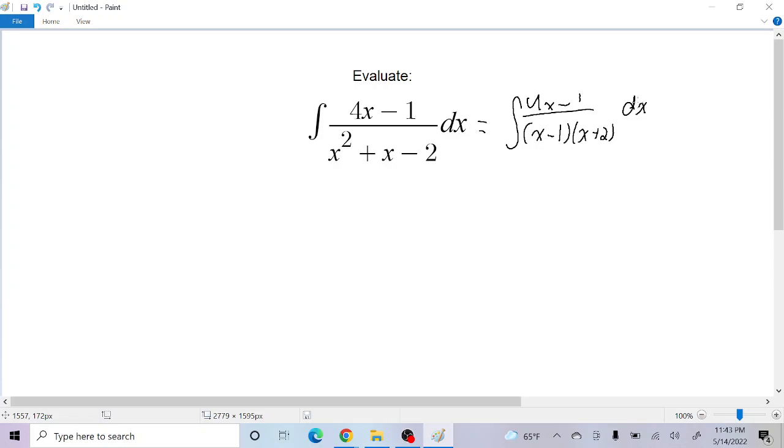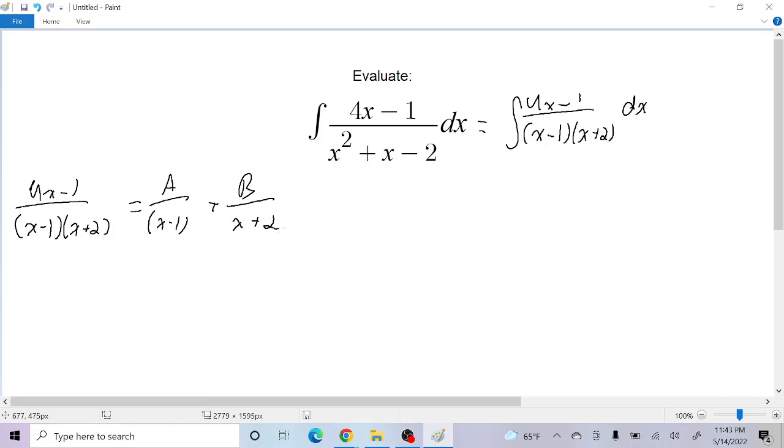So, we're going to get 4x minus 1 over x minus 1 times x plus 2 equals A over x minus 1 plus B over x plus 2. You can see we've got a term for each factor here.